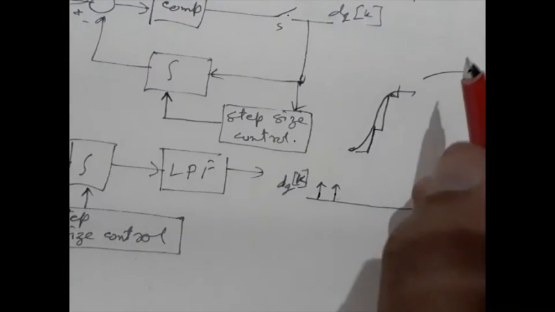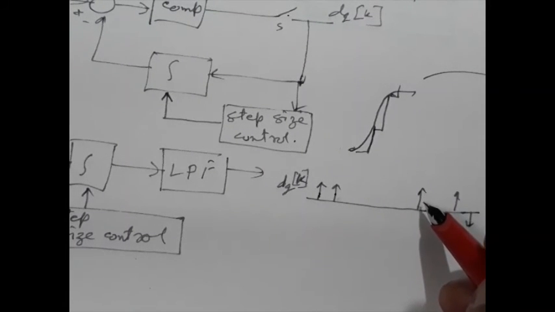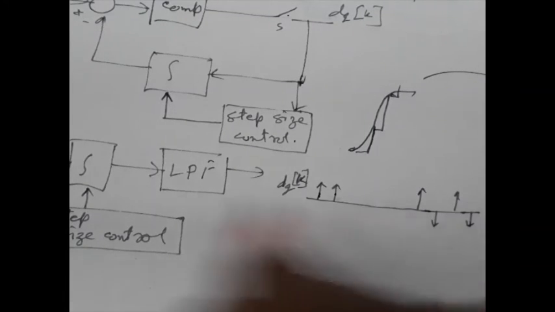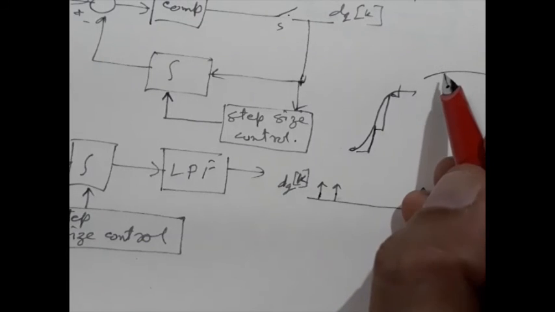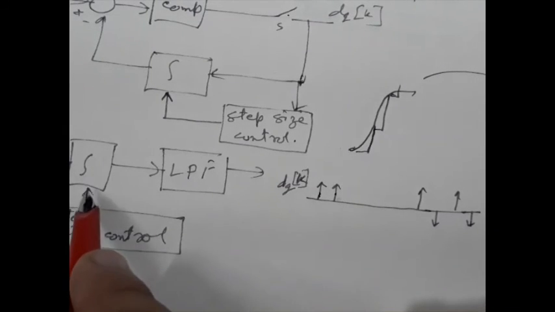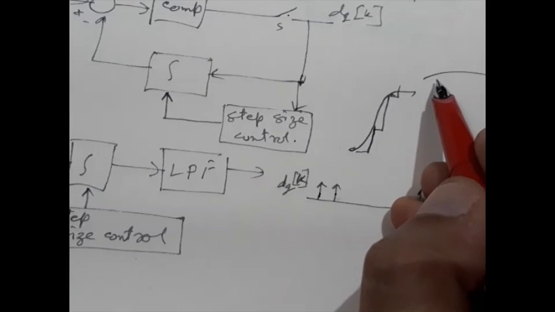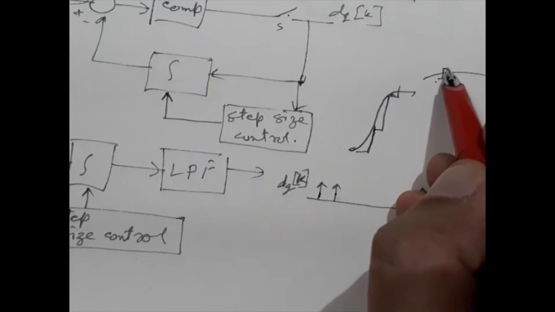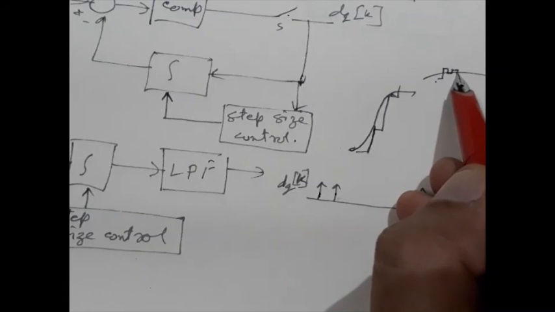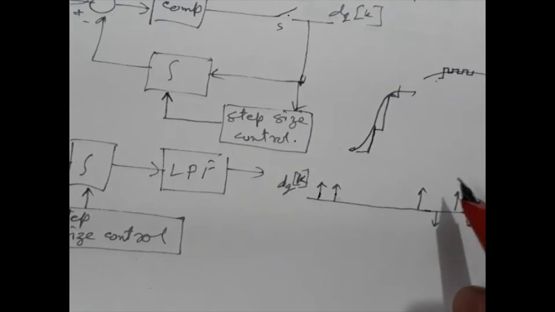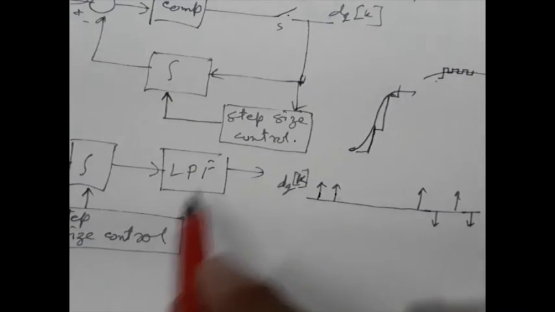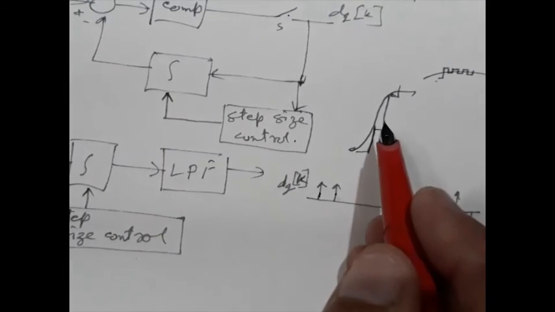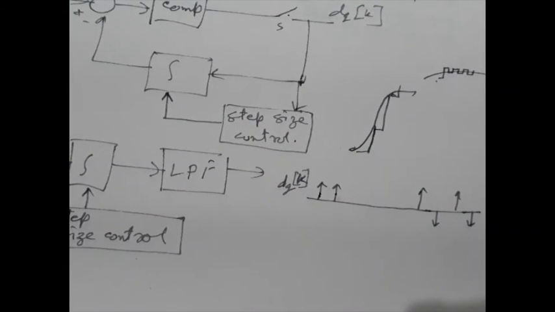Whenever we see a change in polarity of the successively received dqk, we can send a signal to the integrator to reduce the step size so that the granular noise becomes smaller. In this way we can control the step size of the integrator to get rid of both problems associated with the delta modulator, the slope overload distortion and the granular noise.